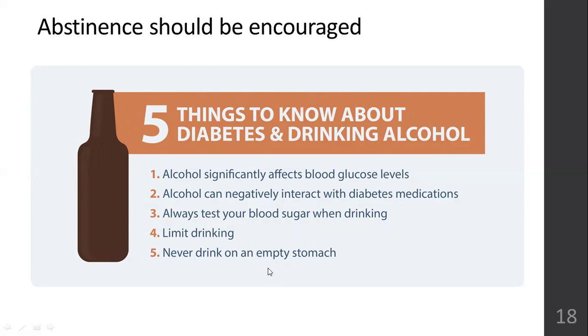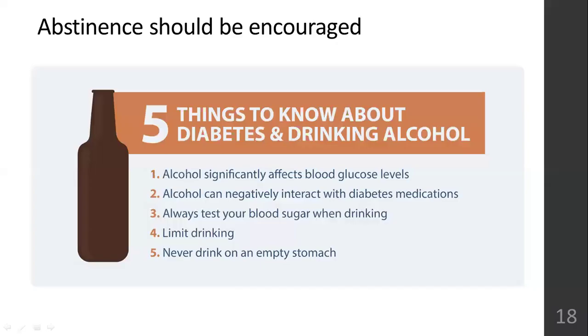So alcohol, once you are diabetic, should not be used. Limit drinking as much as possible. Never drink when you know your blood sugar levels are high and not under control. Don't encourage alcoholism. Never drink on an empty stomach.